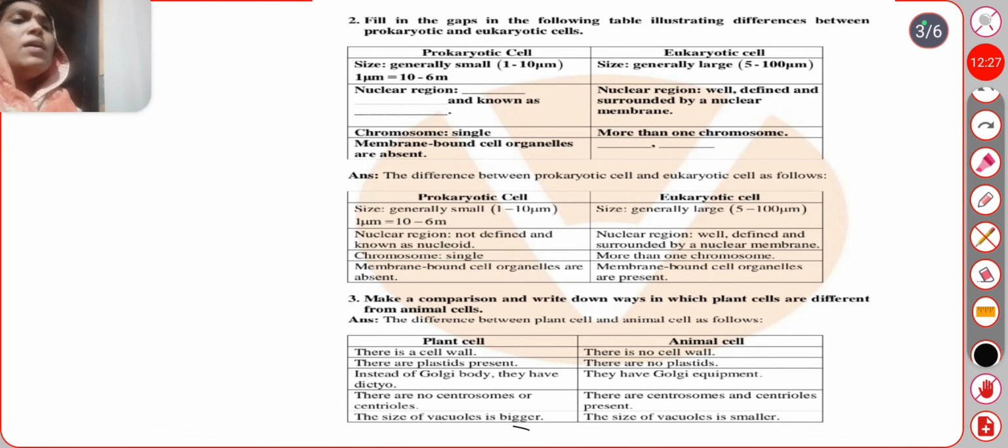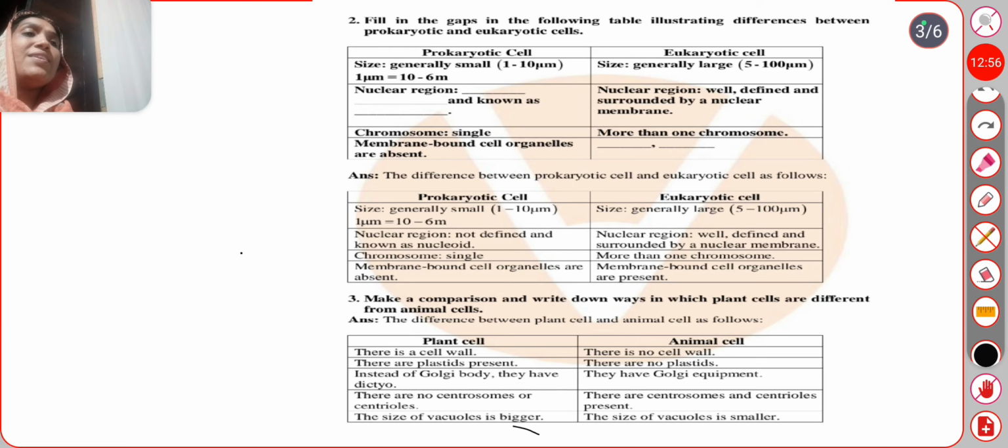Okay, here are some differences between prokaryotic cells and eukaryotic cells. Prokaryotic means primitive organism, eukaryotic means new organism, including human beings. Prokaryotes are measured in micrometers, 1 to 10 micrometers.